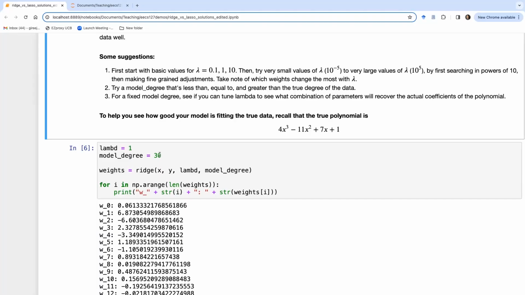So I say, well, let me guess. Maybe it's a 30-degree polynomial. Cubic polynomials are definitely a subset of 30-degree polynomials. I just have to set the coefficients from 1 to 27 all equal to 0, and I have four things that are not 0. Everything else is 0.